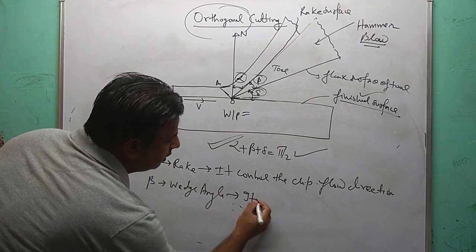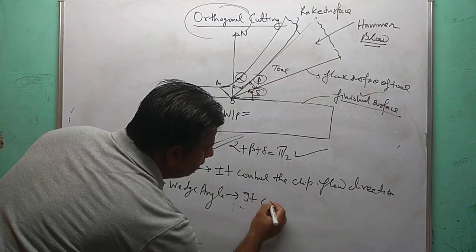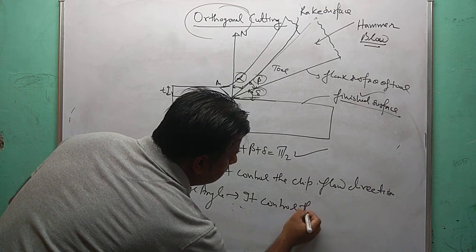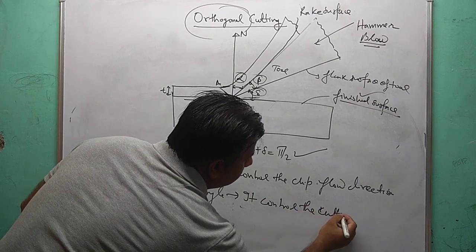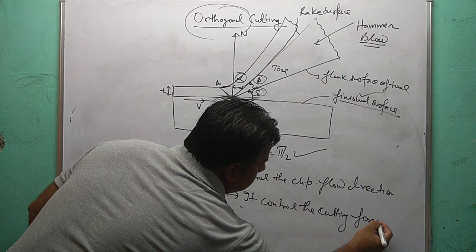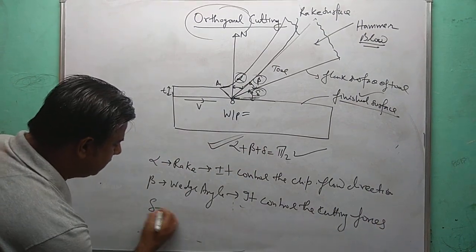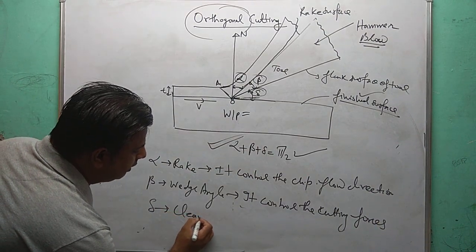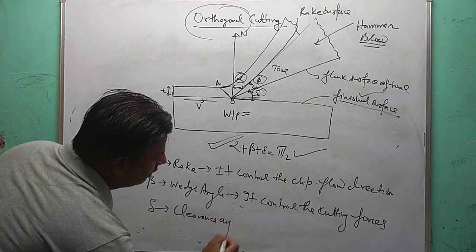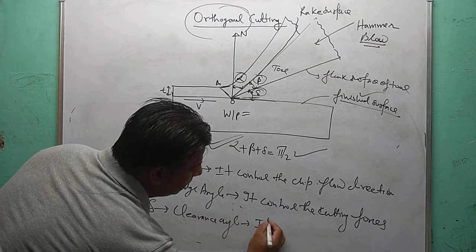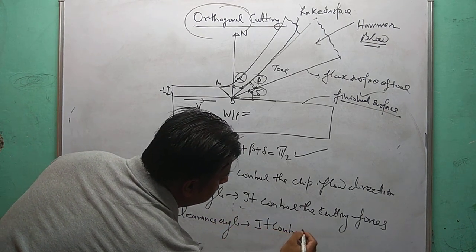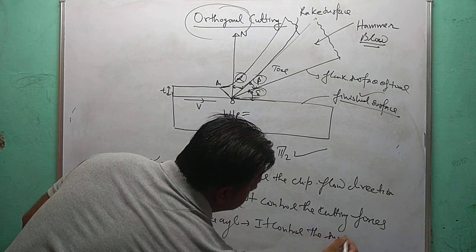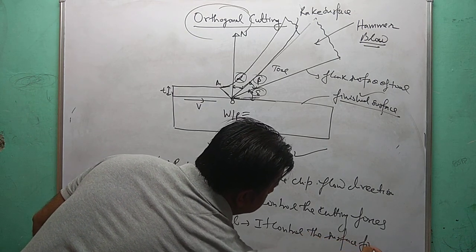It controls the cutting forces. Number 3 is delta, the clearance angle. It controls the surface finish.